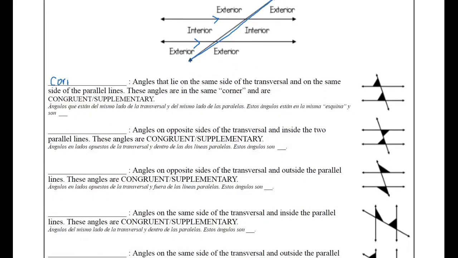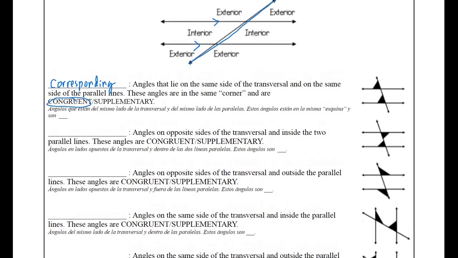Corresponding, angles that lie on the same side of the transversal and on the same side of parallel lines. These angles are in the same position and they are congruent. Next, we have alternate interior.